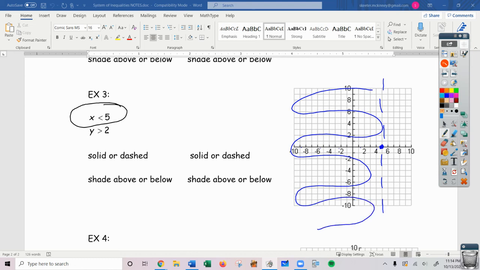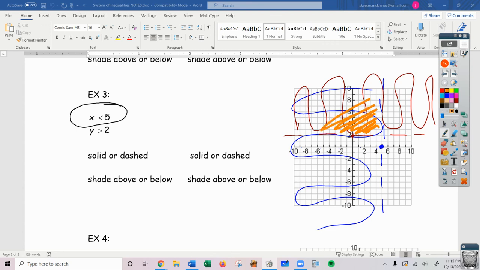Okay, then we have x is greater than 2. So if we want to do x is greater than 2, what type of line is this? This is a horizontal line. So at 2, I want to make a dashed horizontal line. And this one is telling me to shade above. So my final answer is going to be all of the points that exist in this area up here.